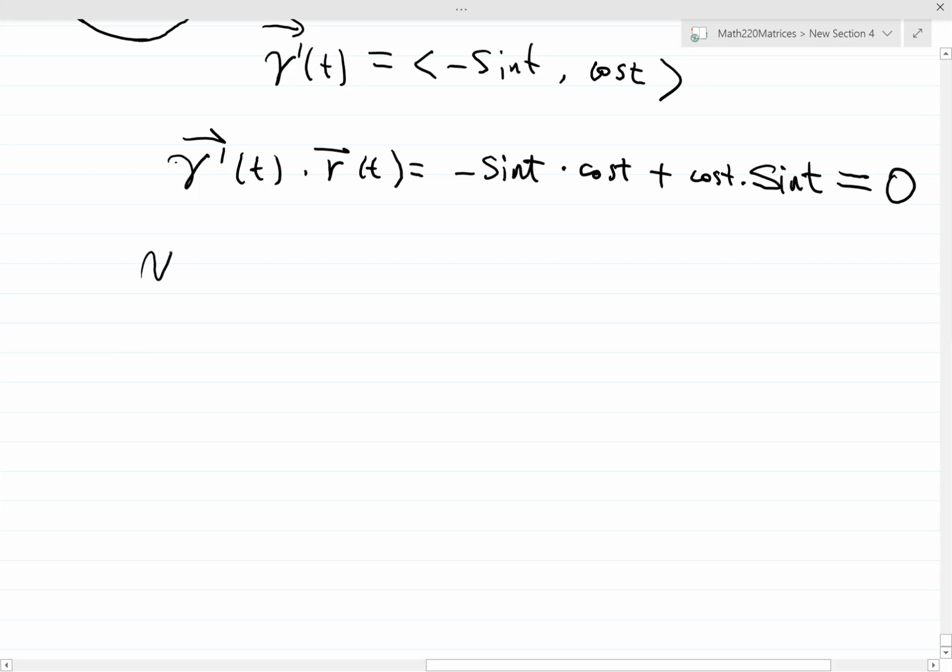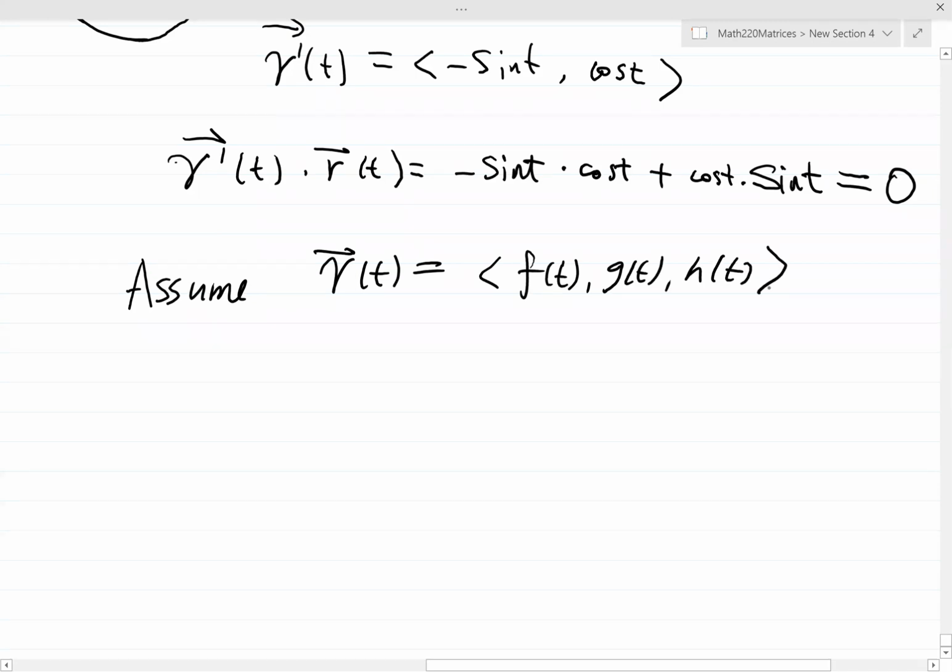And we can take the integral of r(t) from a to b.